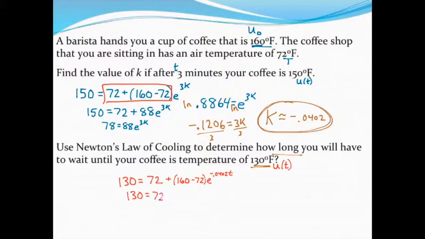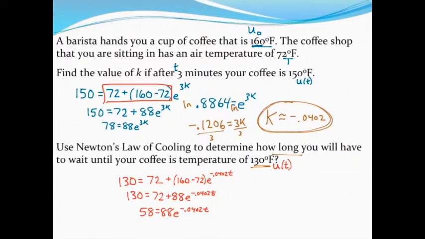So 72 plus, if I go ahead and subtract my numbers in parentheses, that's still 88 e raised to the negative 0.0402t. I'll subtract 72 from both sides, so that leaves me with 58 equals 88 e to the negative 0.0402t. Our cup of coffee is going to be cool by the time we're done with this question.